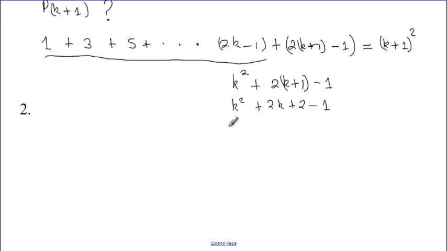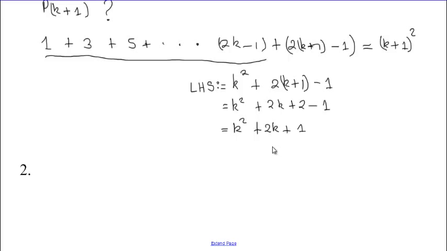What we have here, I'll write here this, that is equal to that, and that is equal to k squared plus 2k plus 1. Actually, at this point, let's label this as our left hand side being equal to that. So we're simplifying our left hand side here.